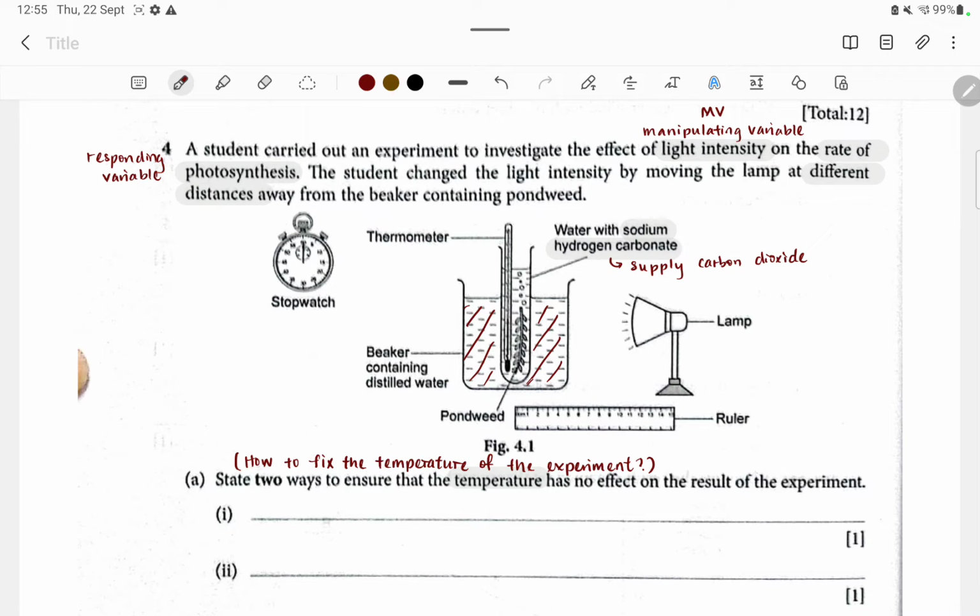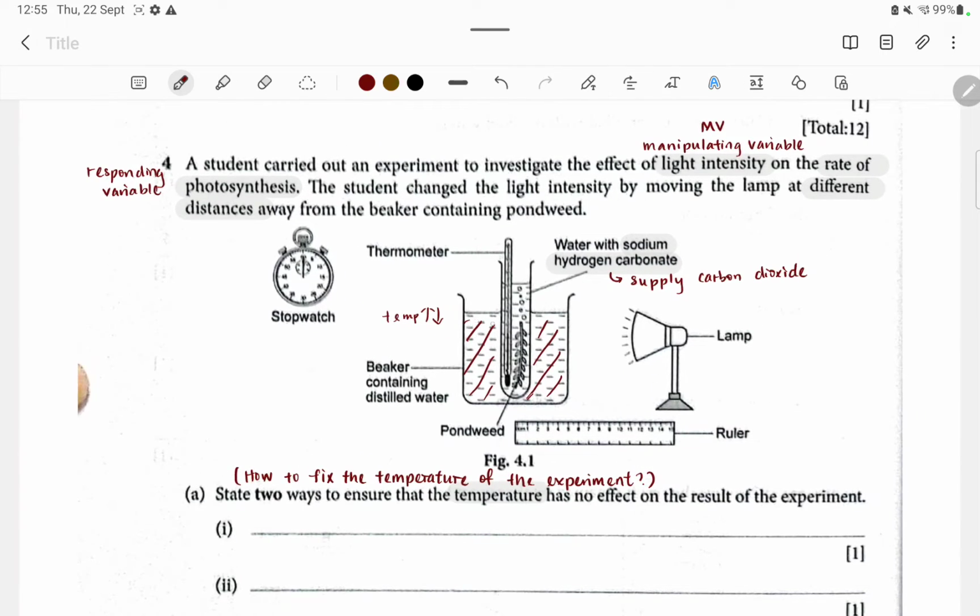This is to make sure that the temperature won't be changing. So no matter how the temperature outside is changing, increasing or decreasing, because of this water, the temperature inside the test tube still remains the same.